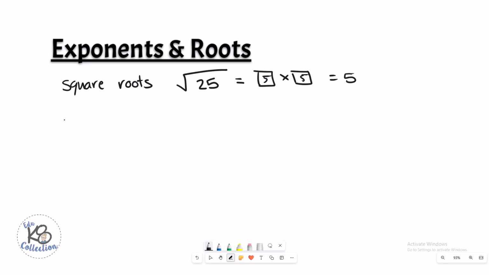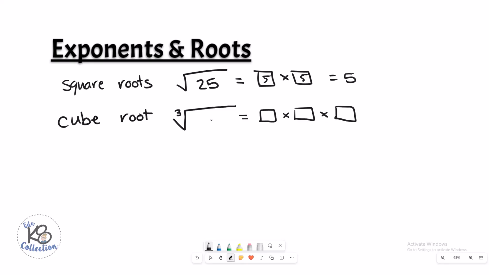But we also use something that's called a cubed root. We are still using a radical sign, but now inside the little check at the beginning, you will see a tiny 3. And what that means is that whatever number is inside the radicand, we need to figure out what number multiplied by itself 3 times gives us the number inside the radicand.